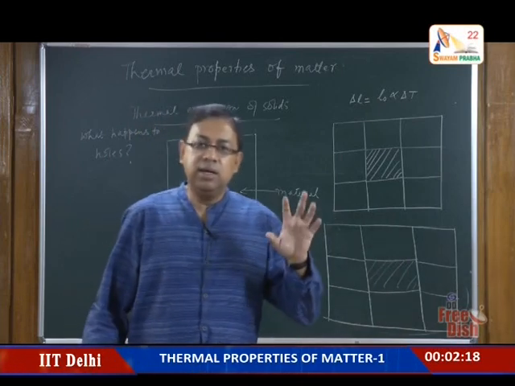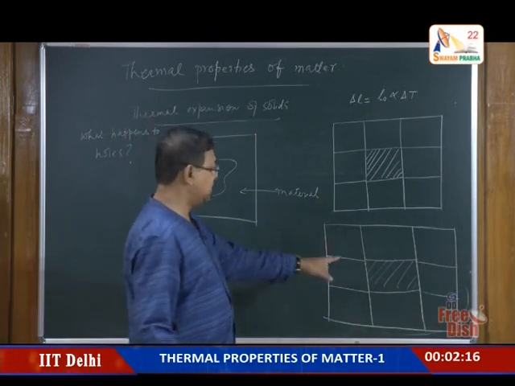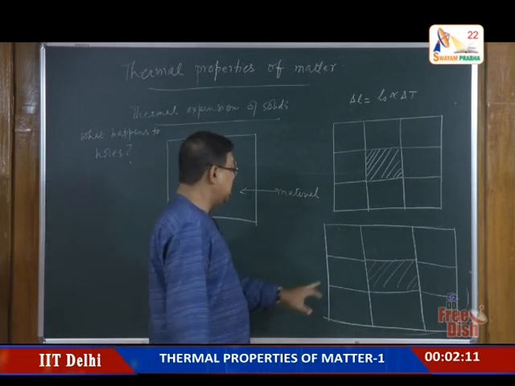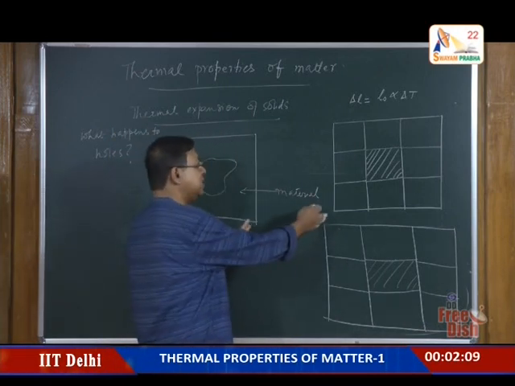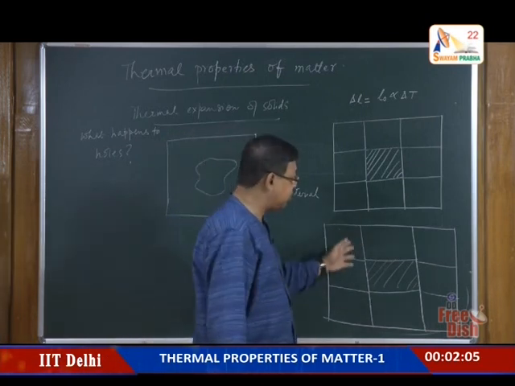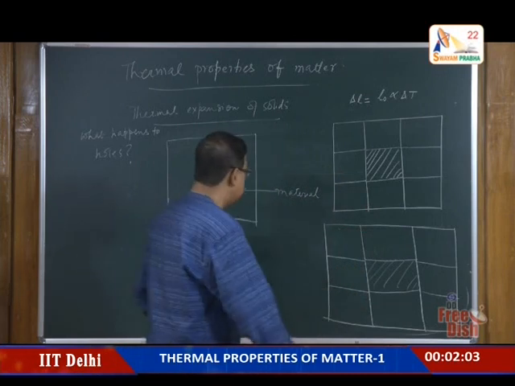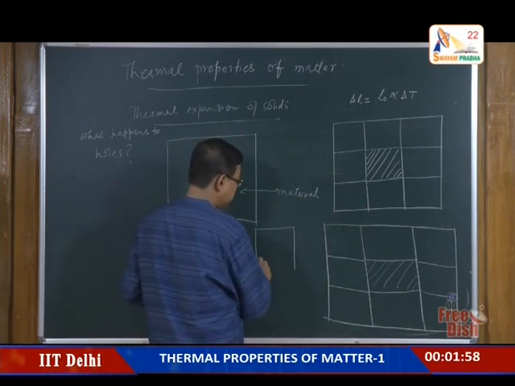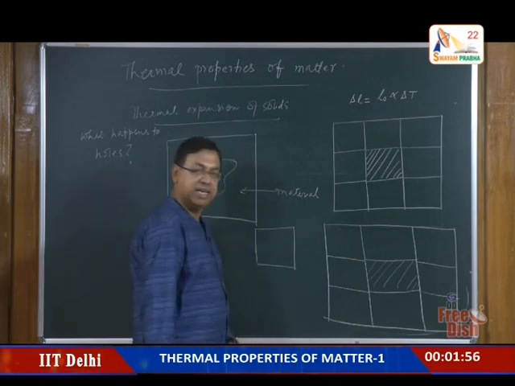Now take a ninth tile which is missing, which is made of the same material, and heat it to exactly the same temperature difference as this case. So I take a ninth tile and induce the same delta T by heating.